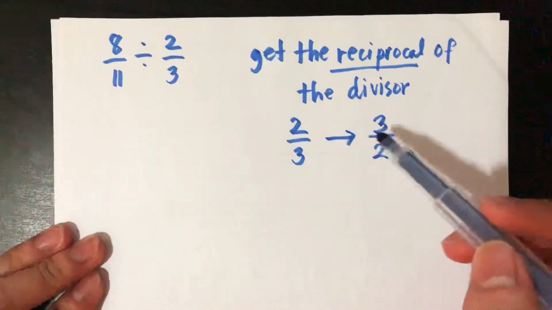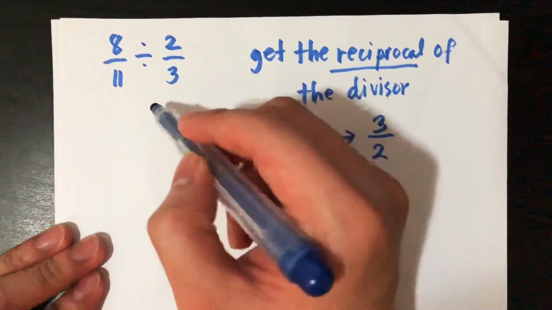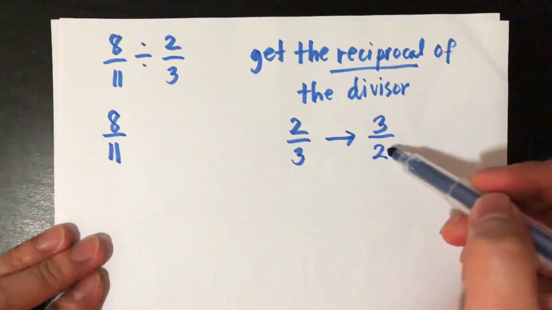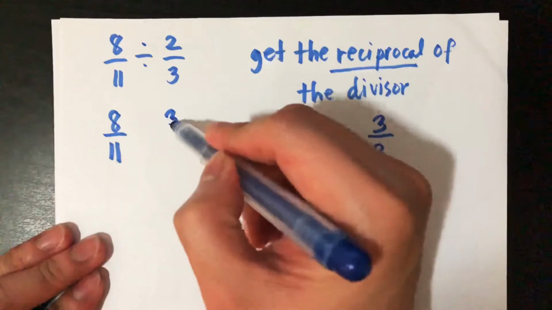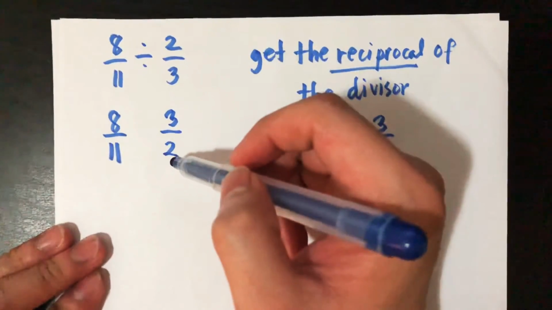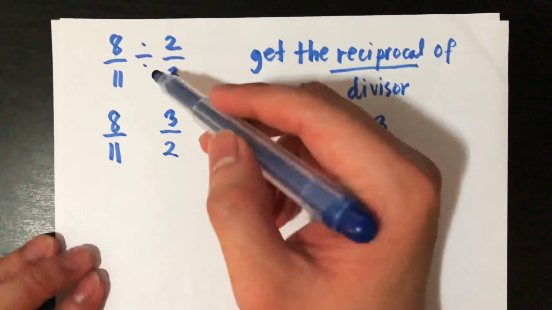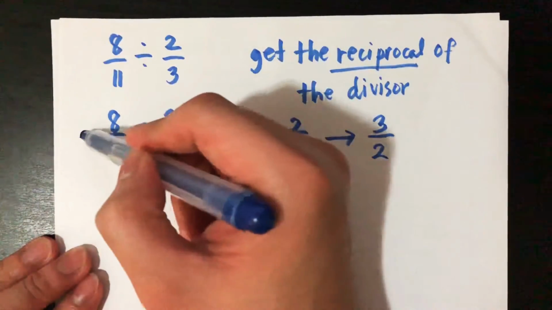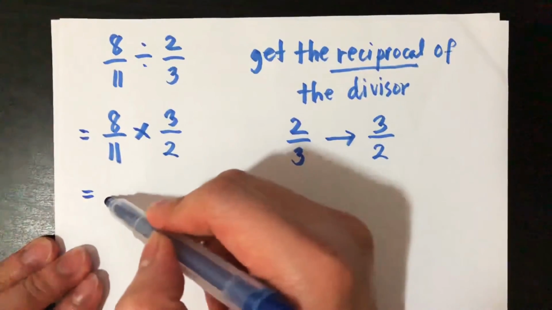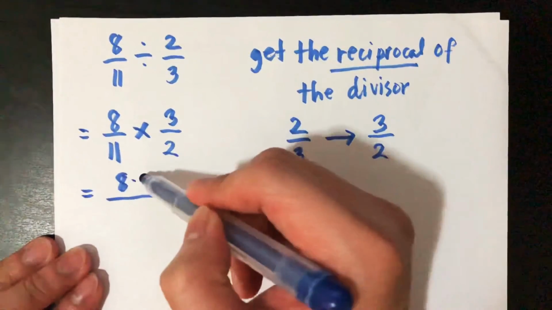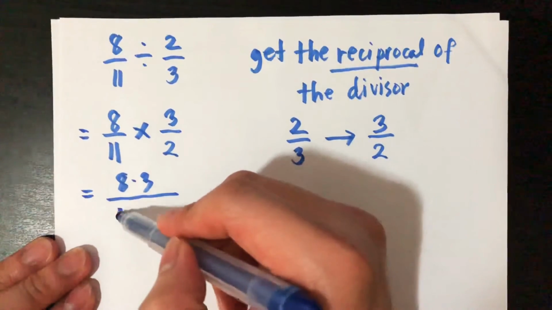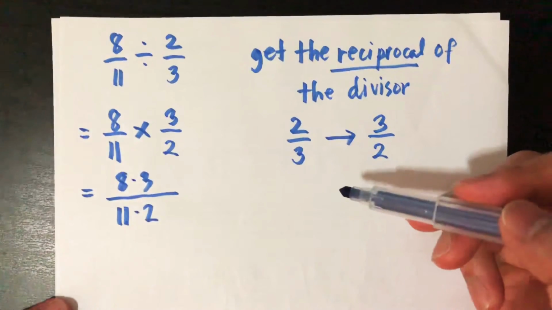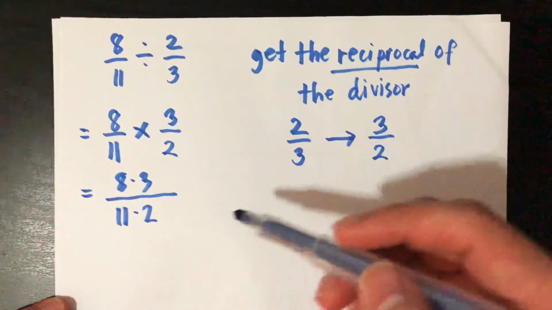So we have now 8 over 11, and the reciprocal of the divisor, which is 3 over 2. Then the next step is to change the division sign into a multiplication sign. Then proceed to multiplication. So we have 8 times 3, and 11 times 2. Again, the easiest way to do this is to get the prime factors.